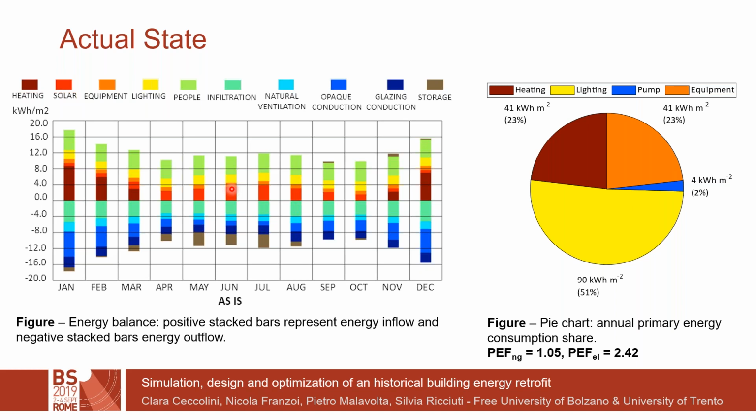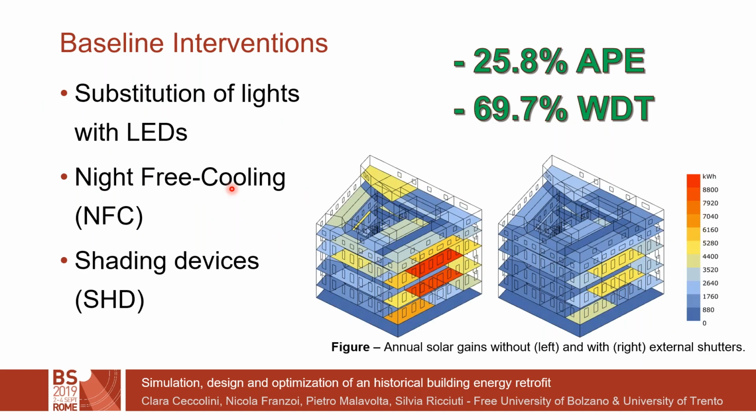That said, we identified a few energy efficiency measures that improve building performance without affecting its heritage. One of these measures is clearly substituting the existing light bulbs with LEDs. Furthermore, a significant reduction of the weighted discomfort time outside the heating season could be achieved by simply increasing ventilation during night hours, the so-called night free cooling.